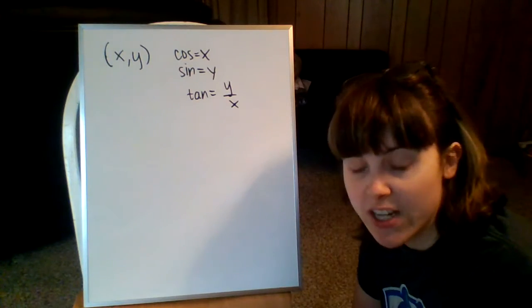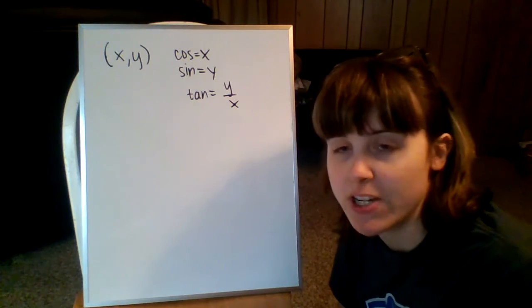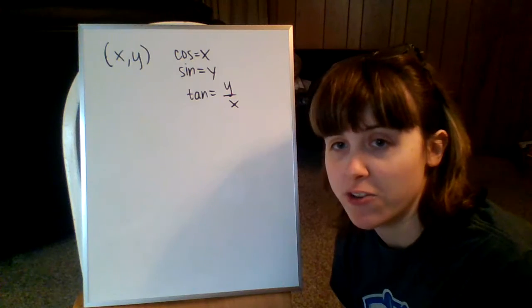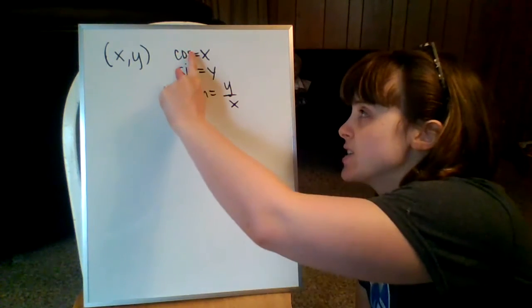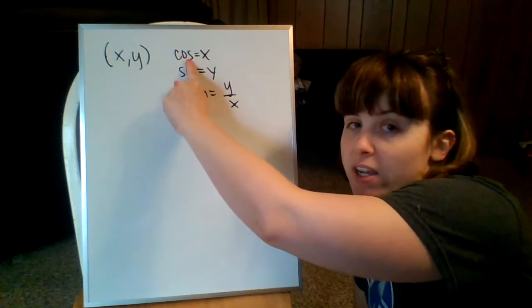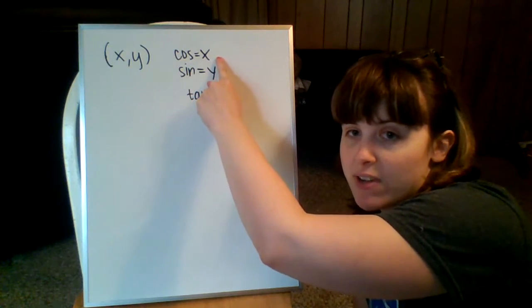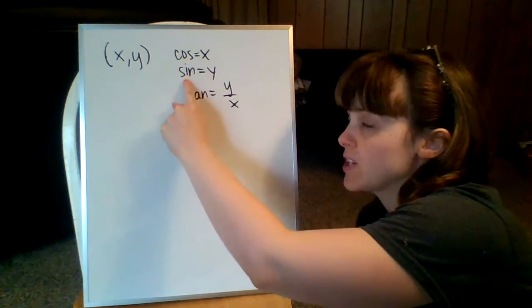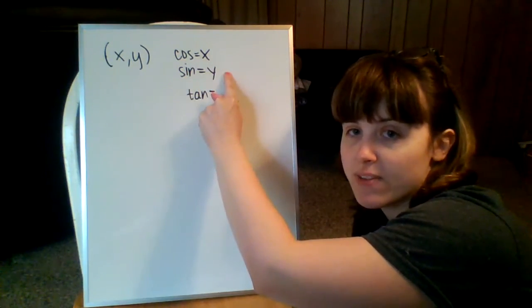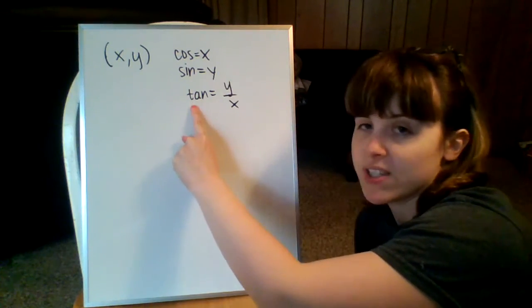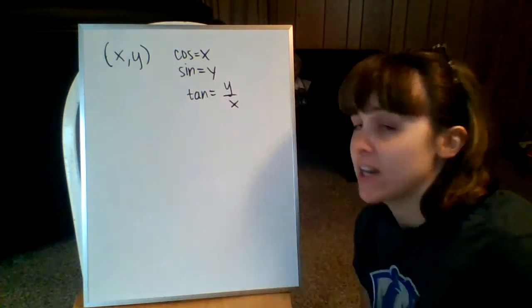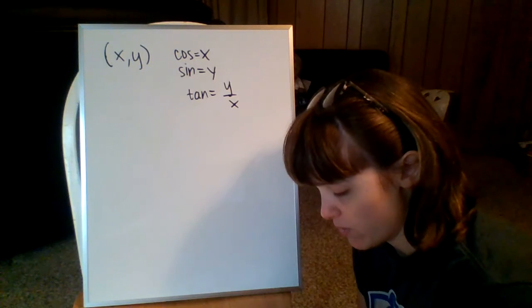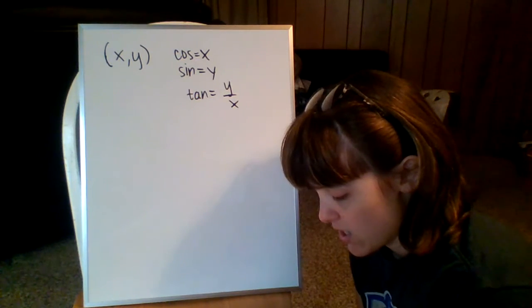So what we're going to do today is find the degree measure or the radian measure on the unit circle, and then identify the cosine, meaning the x value of that coordinate, or the sine, the y value of that coordinate, or the tangent: you take y divided by x. Okay, so hopefully that's straightforward.